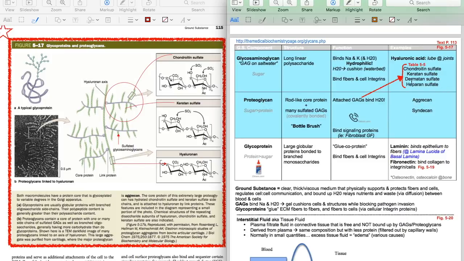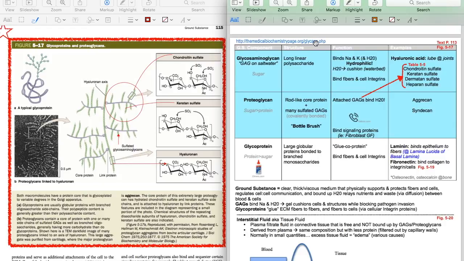Aggrecan might have dermatan and keratan, and syndecan might have chondroitin and heparan. I'm randomly just throwing out ideas, but that's what this is talking about. And if you think about it, proteoglycan, aggrecan, syndecan, they sound like the word proteoglycan. So if that helps you, proteoglycan, aggrecan, syndecan sound the same.